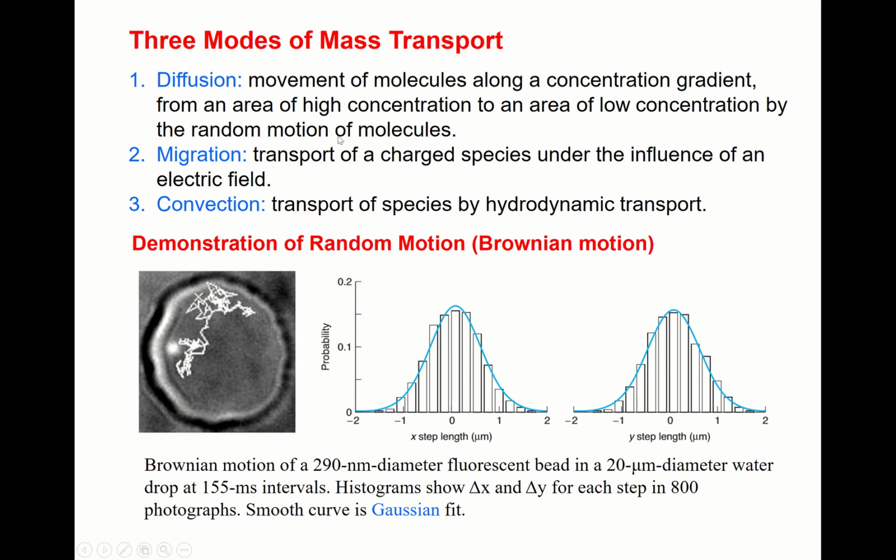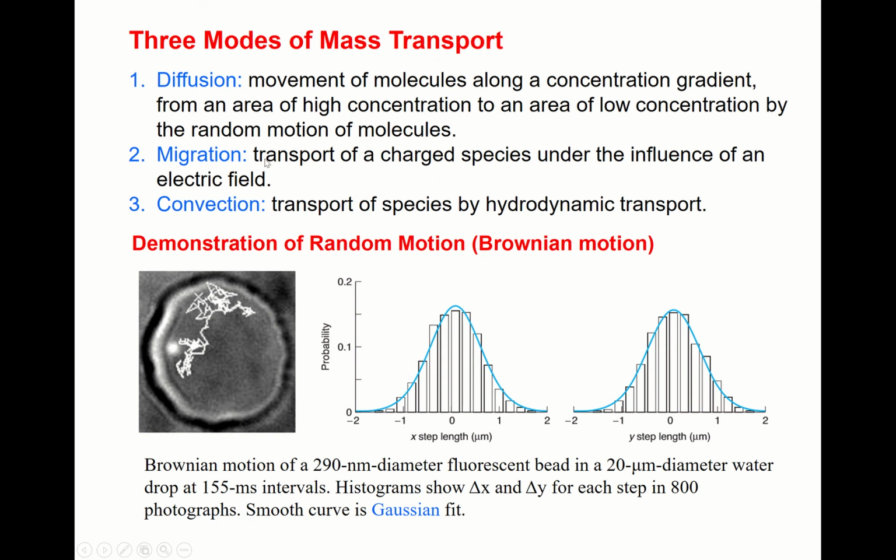Molecules move from an area of high concentration to an area of low concentration by random motion of molecules. Diffusion can be treated very strictly mathematically, and the mathematics is simple.